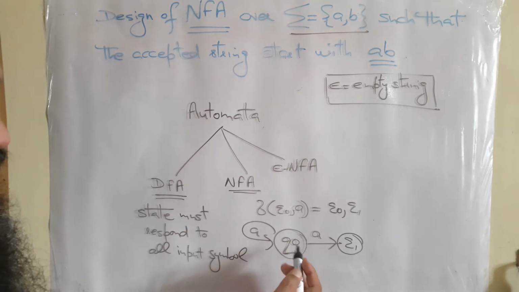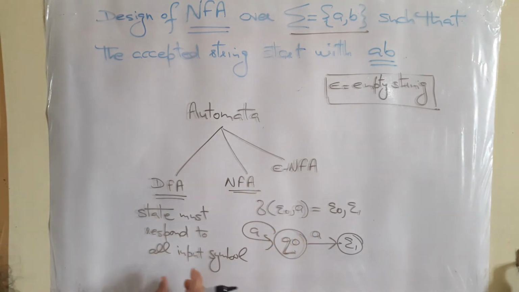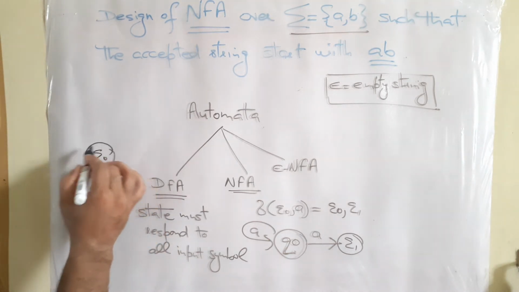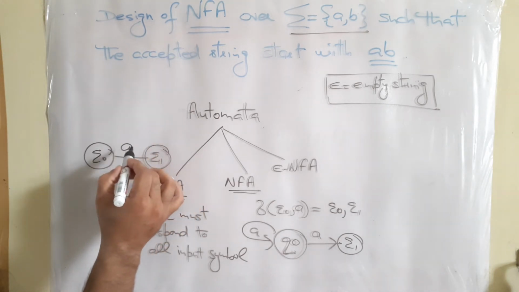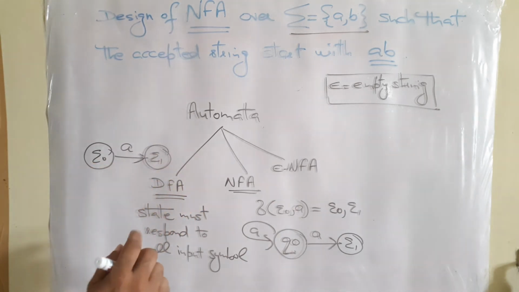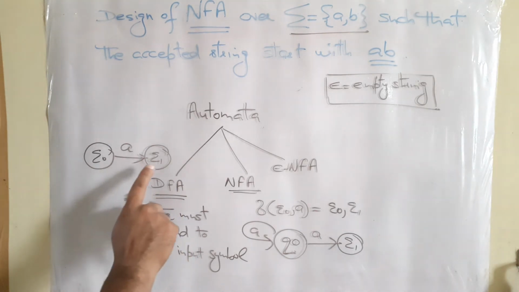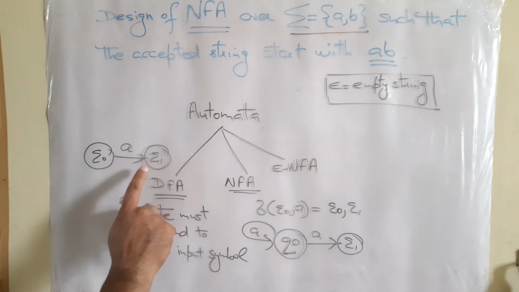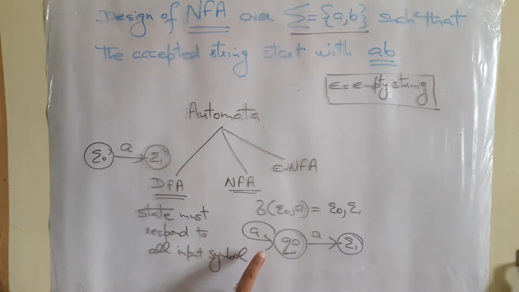So this kind of non-determinism is available in the NFA, whereas in DFA, with one input symbol we can only move towards one state, not towards two or more states.